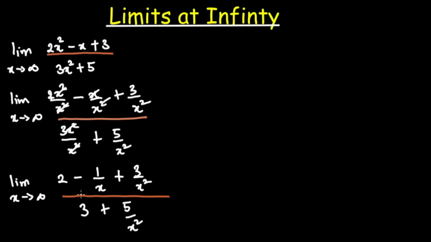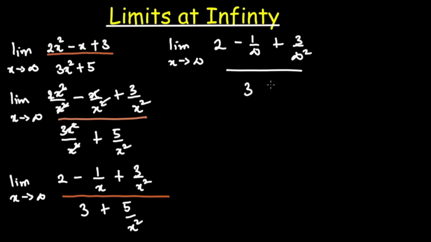Now the next thing to do is to substitute our infinity. So we're going to have the limit as x tends to infinity, then we're going to have 2 minus 1 over infinity plus 3 over infinity squared, all over 3 plus 5 over infinity squared.